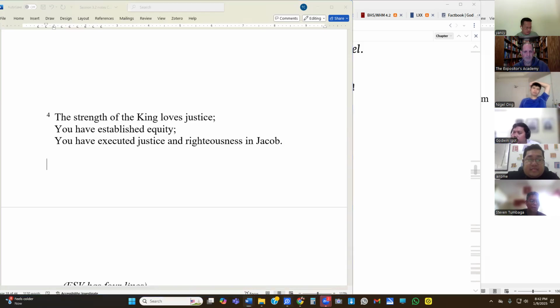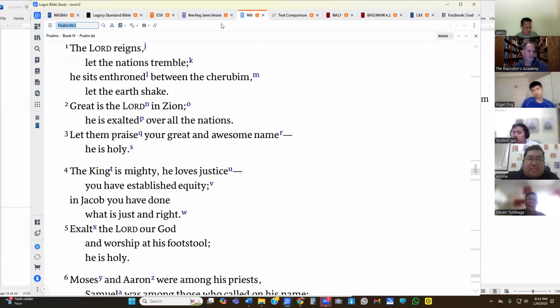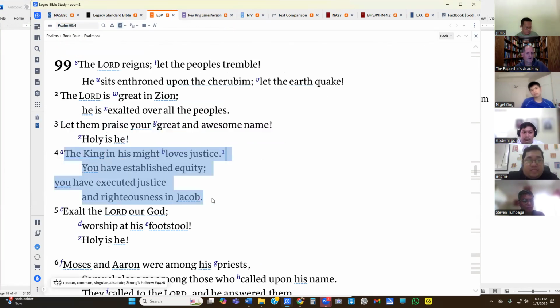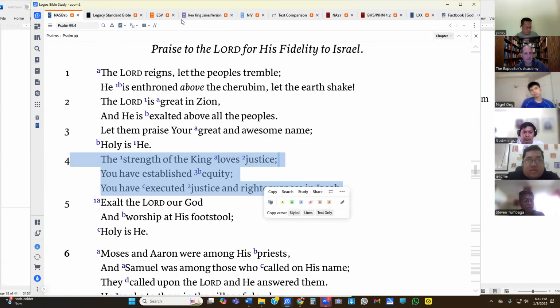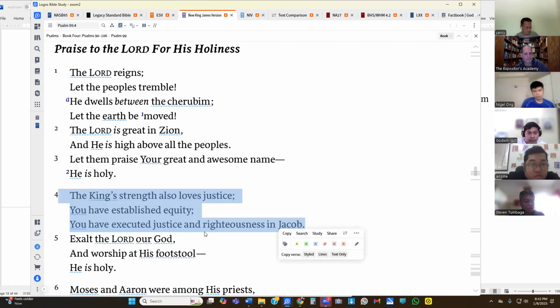What translation was that? NIV. Okay. In the ESV version there are also 4 lines. There are 4 in ESV, 3 in New American Standard, and 3 in New King James.